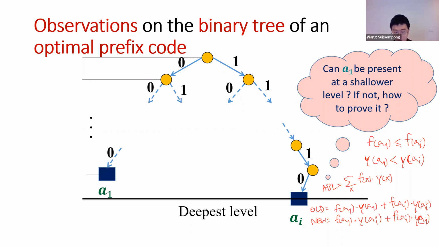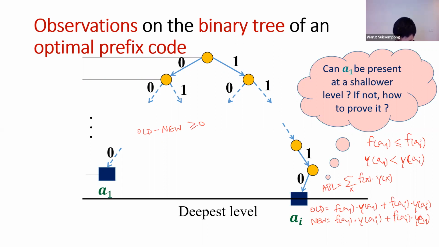So what we want to show is that old minus new ABL is non-negative. That would mean the new ABL is at least as good as the old ABL, because we want to minimize the ABL. So what is old minus new?